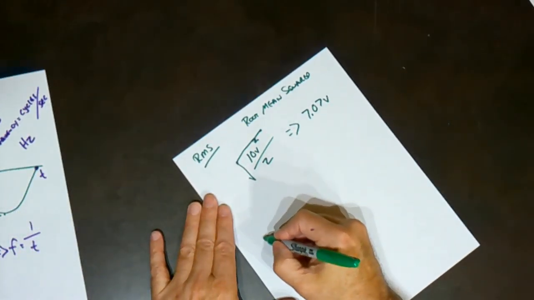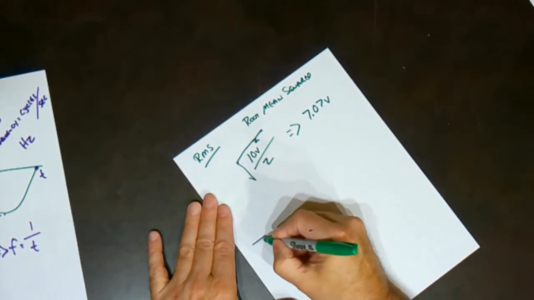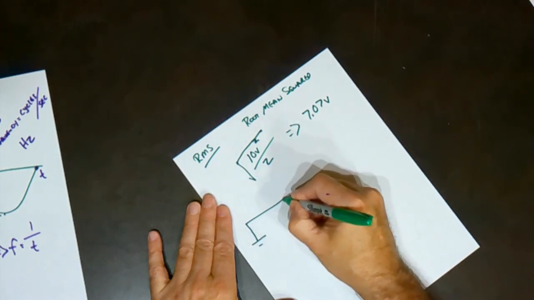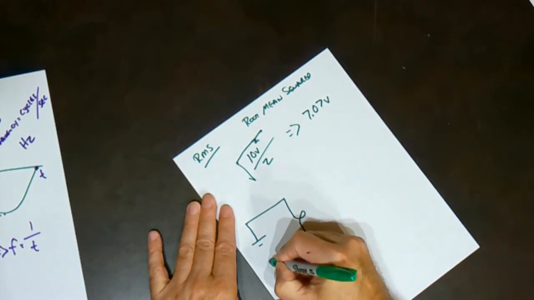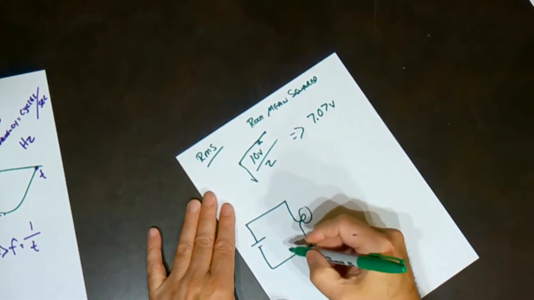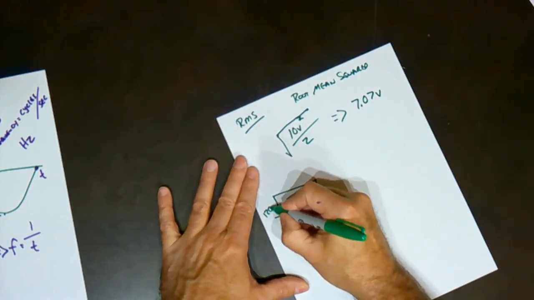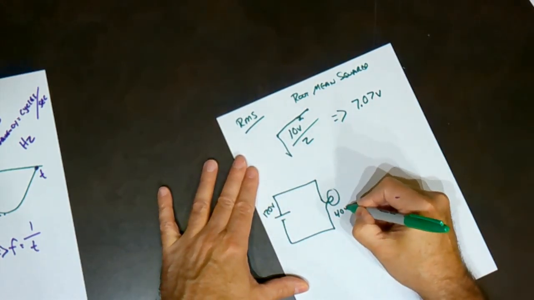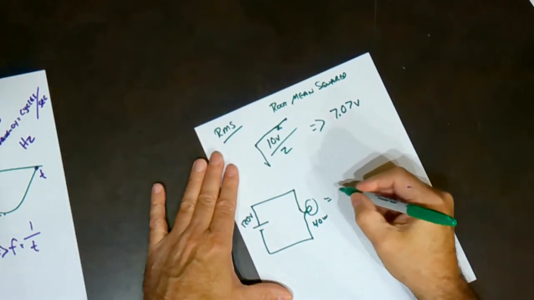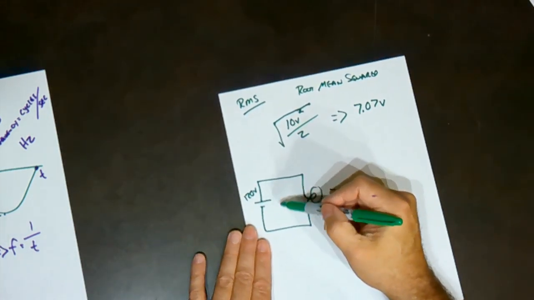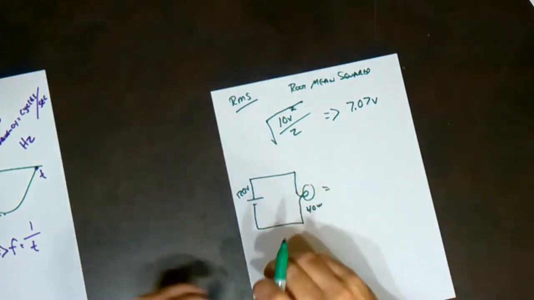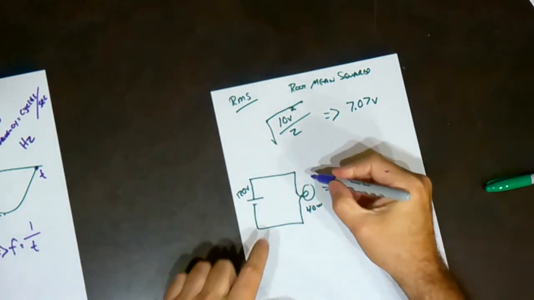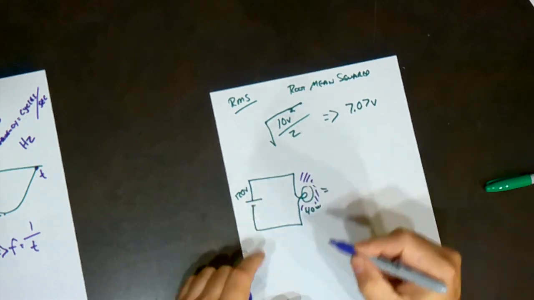RMS value of voltage is an equal power point to DC. So if I had a DC circuit and I had 120 volts and a 40 watt light bulb, when I hook up that 120 volts to that 40 watt light bulb, I am going to get a certain amount of brilliance out of that light bulb.